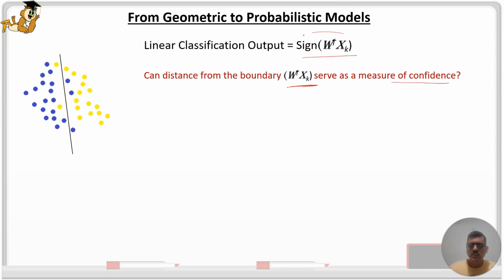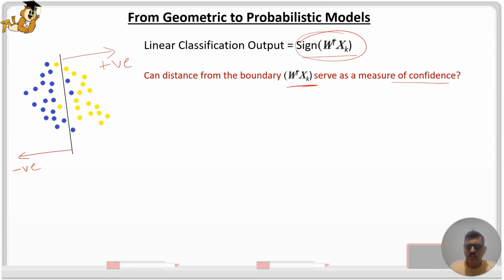Remember, our classification was sign of w transpose xk. So w transpose xk became larger and larger in the positive direction on one side of this linear separator. It became more and more negative on the other side. It could be the other way around, but essentially this is what it was.